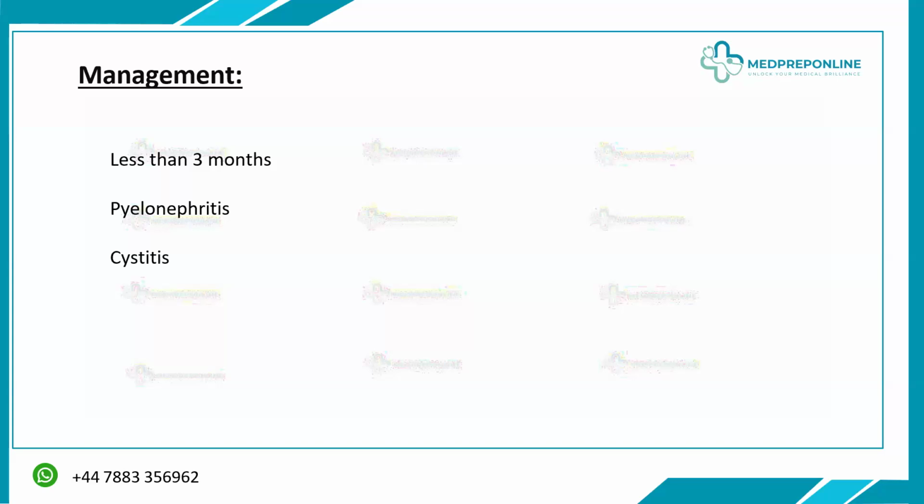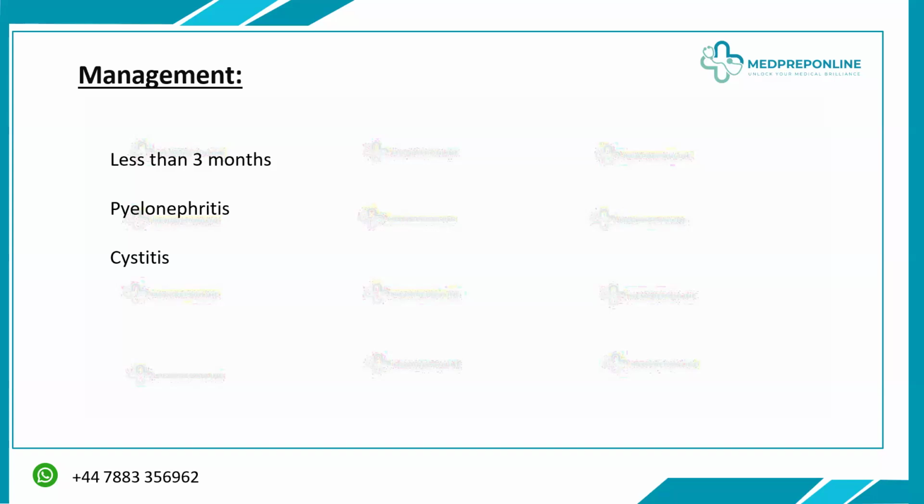And if age is more than 3 months, then you have to act according to whether it's pyelonephritis or cystitis. If it's a cystitis and child is clinically well, then oral cephalexin for 3 days is enough. But if it is a pyelonephritis, then you have to treat with IV Augmentin, and you have to complete 7 days.